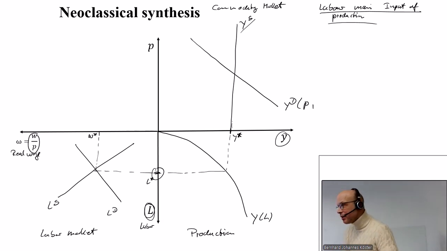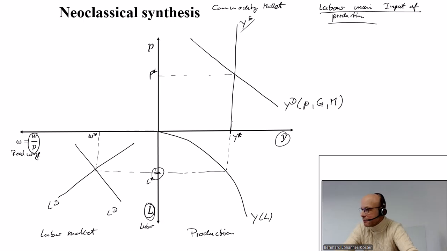This was depending on the level of government expenditure and on the level of the aggregated monetary, the monetary aggregate capital M. So the cut of demand and supply in the commodity market, of course, determines then the equilibrium price level.